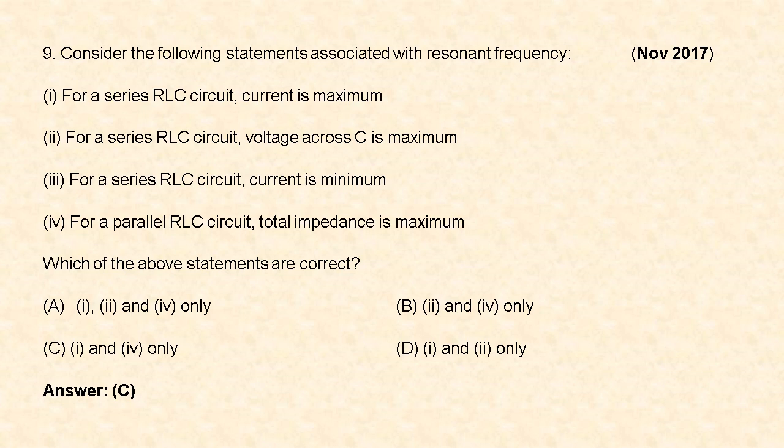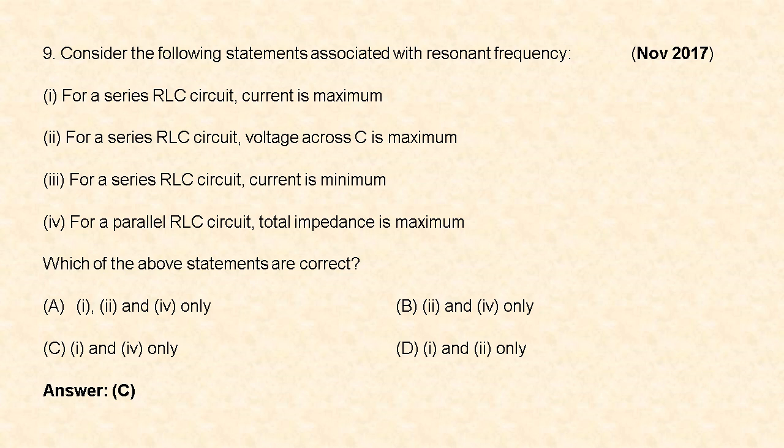Next question. Consider the following statements associated with resonant frequency. This question was also asked in November 2017. First statement: for a series RLC circuit, current is maximum. Second: for a series RLC circuit, voltage across capacitance is maximum.